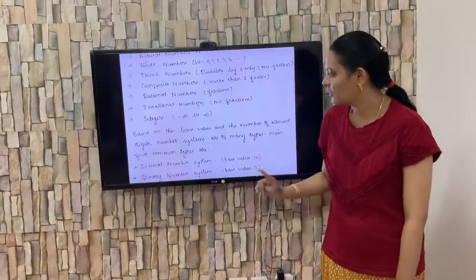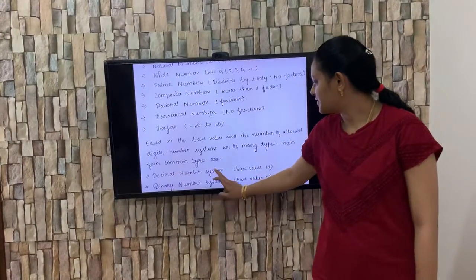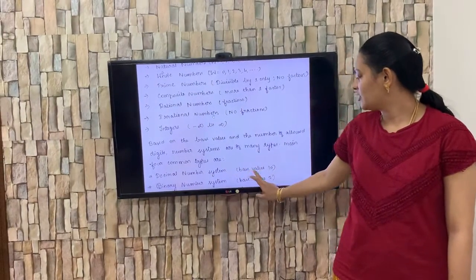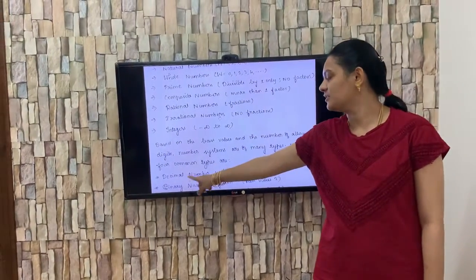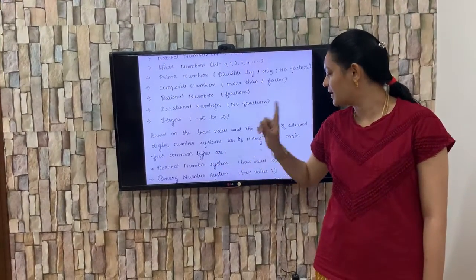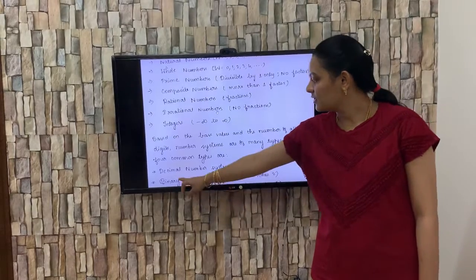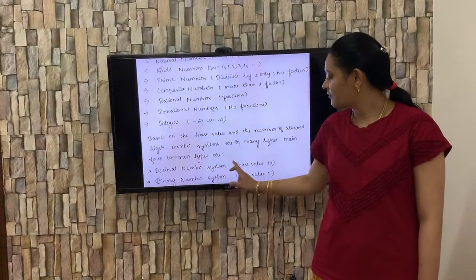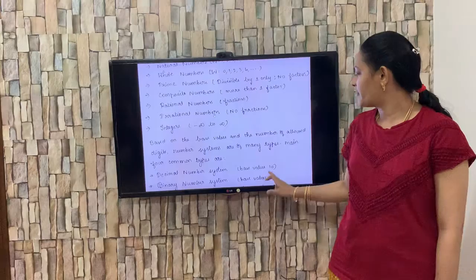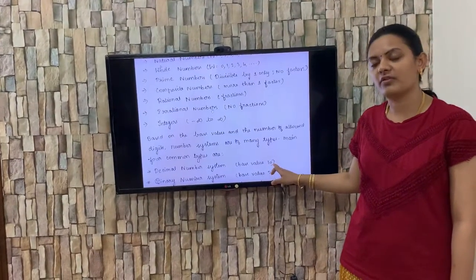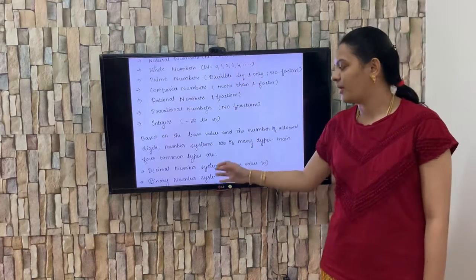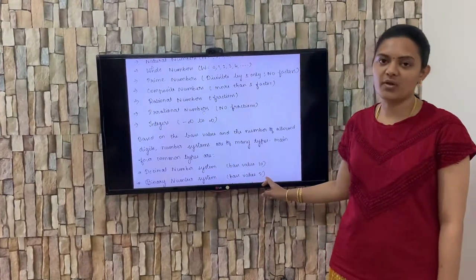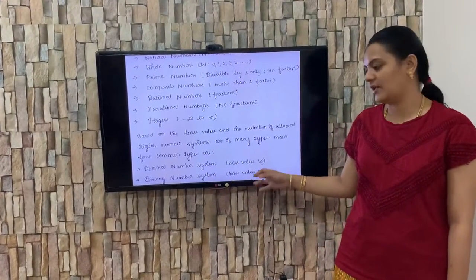First, the decimal number system. For that, base value is 10, only 10, no other numbers. That is why it is called decimal number system, only base value 10. Next, binary number system. For that, base value will be 2. For example, here 10 to the power of 1, 10 to the power of 2, 10 to the power of 3, like that. And for the binary number system, 2 to the power of 1, 2 to the power of 0, like that.